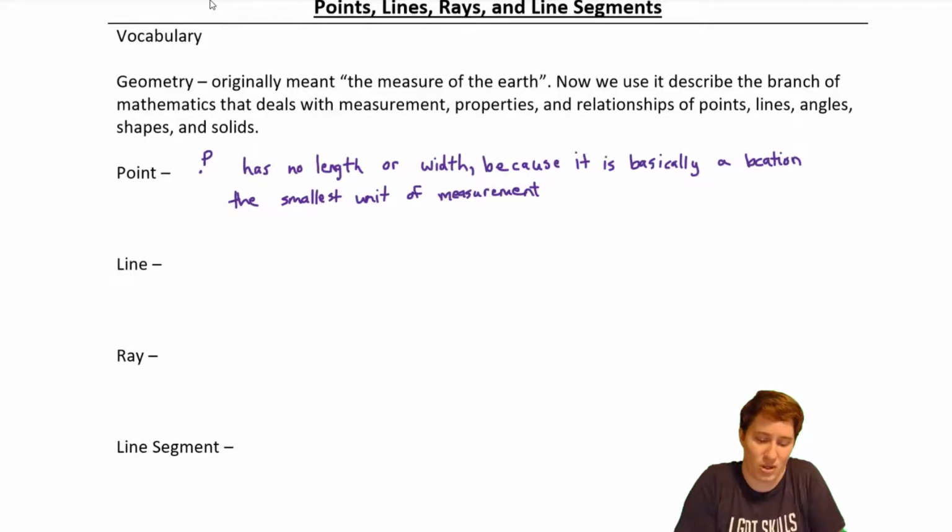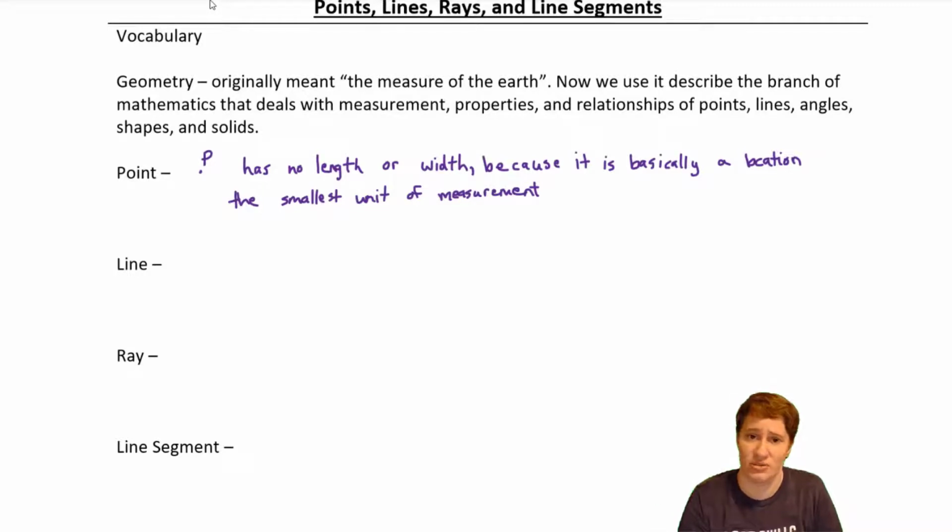But when we're talking about points, we're just talking about the very smallest possible location that there could be, so small that you wouldn't actually be able to see it. And so even the fact that we draw a dot actually makes it look bigger than what that location actually is.